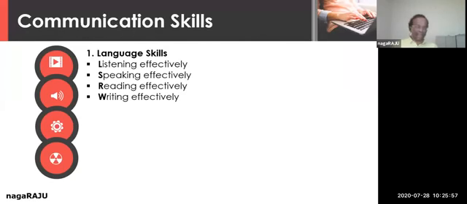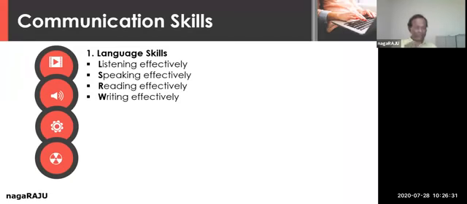Irrespective of the language we are speaking and using, English, Telugu, Sanskrit, Bengali, whatever language you speak at home or in school, these are skills relating to your language. How proficiently you use these skills decides how effective your communication is, because communication often depends upon the language that we use.